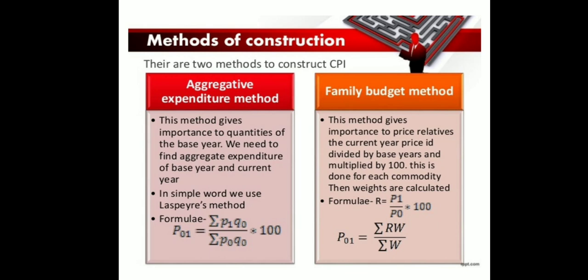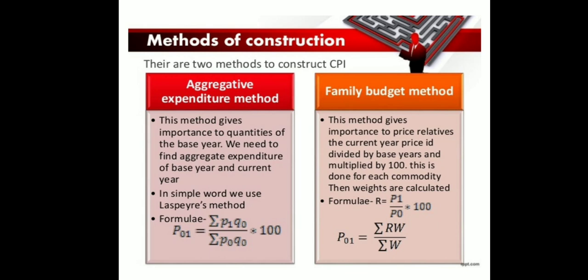So we go for different methods: the aggregate expenditure method and the family budget method. In the aggregate method, as the name says, we take the quantities of the base year. This method gives importance to quantities of the base year.